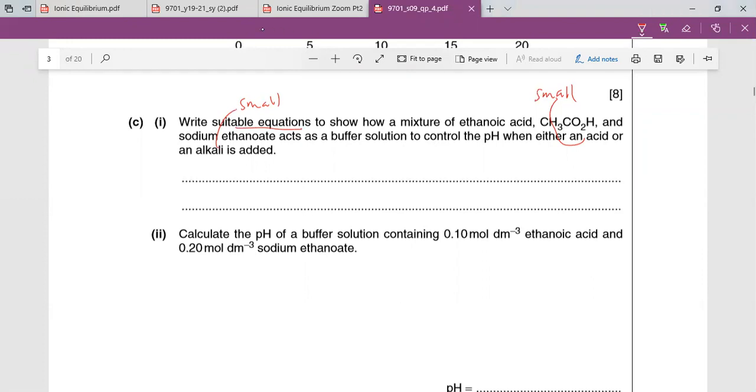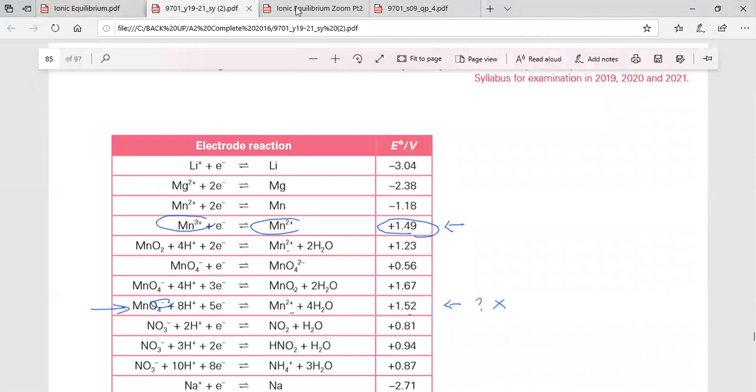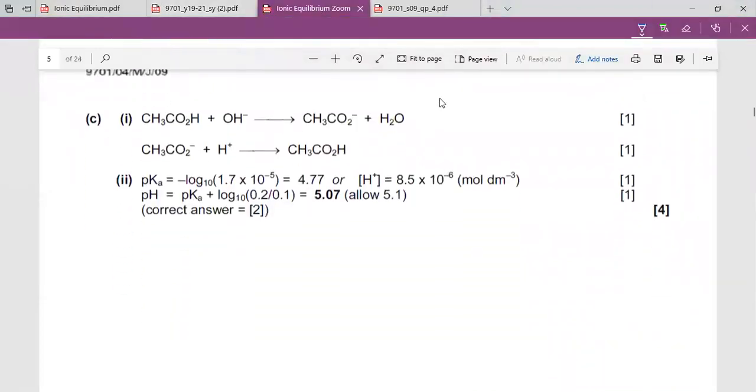Let me show you the marking scheme. Remember, here's your buffer: there are thousands of CH3COOH. Remember I told you, this will dissociate only a bit, because it's a weak acid, to give you CH3COO minus and H plus.